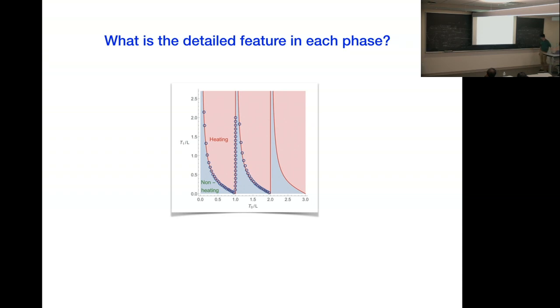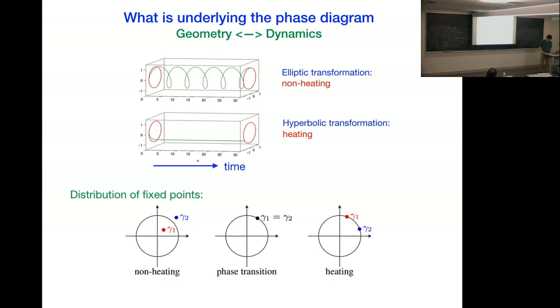Then you may ask, okay, now you have given the phase diagram. So what is the detailed structure in each phase? Sorry, how does that kind of behavior reflect in the entanglement entropy? Oh, good. For example, in this oscillating phase, when you calculate the correlation function, because the operator will always come back to the initial position after some time, you can find it always oscillates in time.